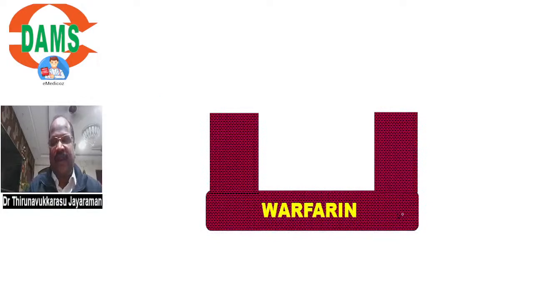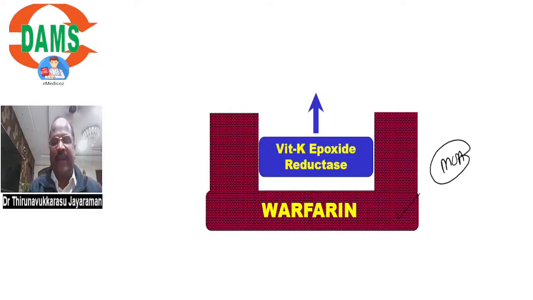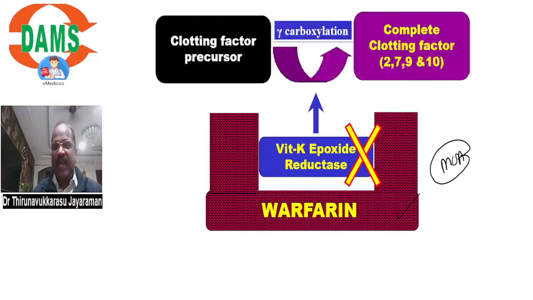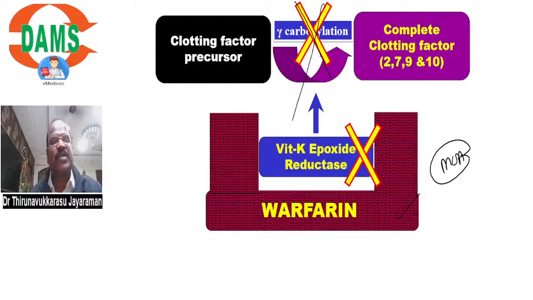When you say warfarin mechanism of action, what do we teach in classes? Warfarin, first point, inhibiting vitamin K epoxide reductase. Because of inhibiting vitamin K epoxide reductase, it ultimately inhibits gamma carboxylation of vitamin K dependent clotting factors.